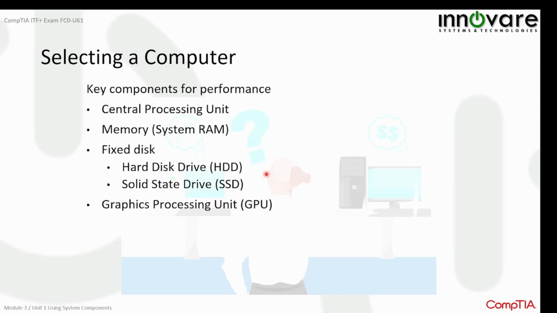And then another important factor is the graphics processing unit. Lalo na if you're looking for a computer that you will use in gaming or imaging. That's why it stands for graphics processing unit, because it is a processor for graphics applications.